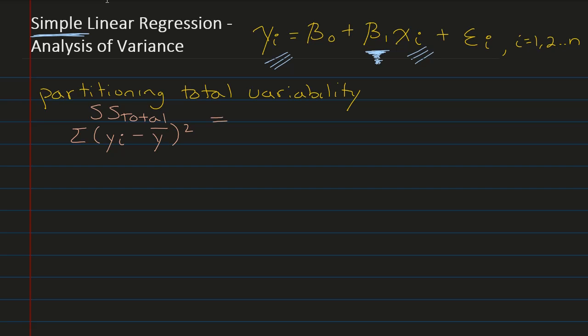That equals the sum of squares due to the regression, which is the sum of yi hat minus the mean of the y's squared, plus the sum of squares residual, which is the sum of yi, the observed response variables, minus the predicted response variables squared.